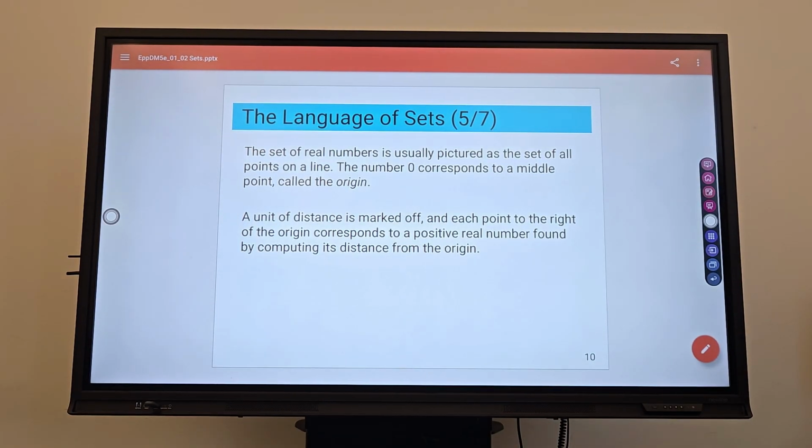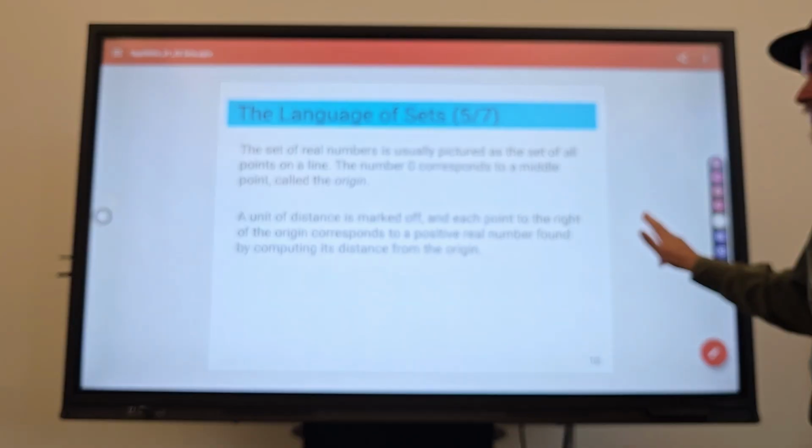The set of real numbers is usually pictured as a set of all points on a line. The number 0 corresponds to the middle, and it's called the origin. Unit of distance is marked off. Each point to the right of the origin corresponds to a positive number, and to the left is the negative number.